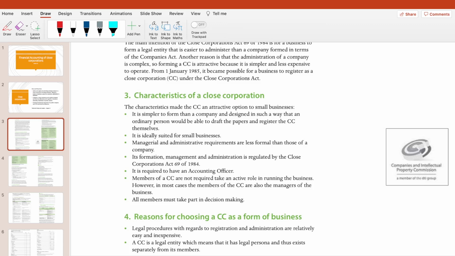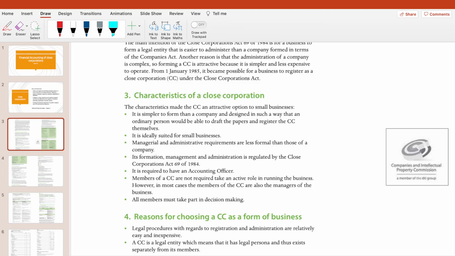The managerial and the administrative requirements are less formal for the closed corporation. It is also required to have an accounting officer. The members of a CC are not required to take an active role in running the business. However, in most cases, the members of the CC are also managers of the business, and all members must take part in the decision making process.